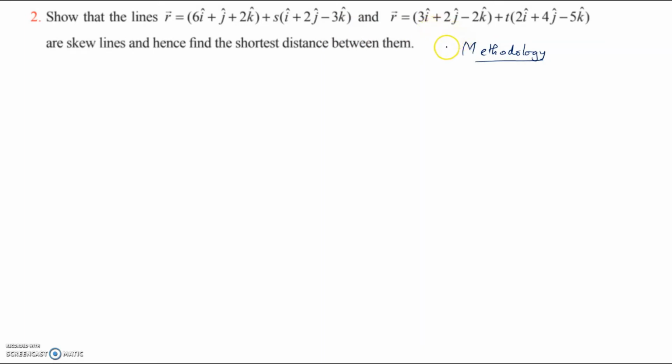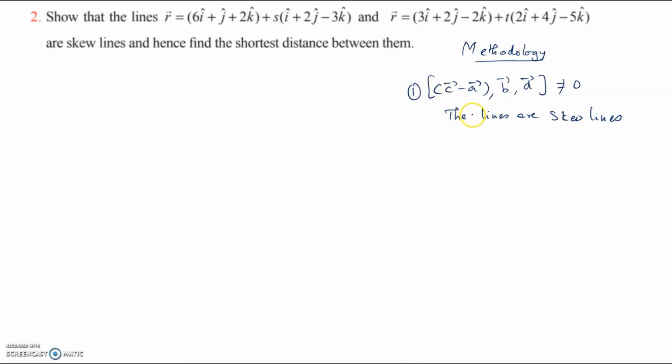Which means the condition: if the scalar triple product of (c vector − a vector), b vector, d vector is not equal to 0, then the lines are skew lines. So we need to first find this.